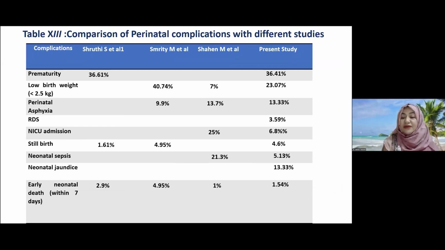Low birth weight in my study was 23.07%. It was much lower than the study of Smriti M. et al. and higher than Shahin M. et al. And other complications are also comparable with these three studies.